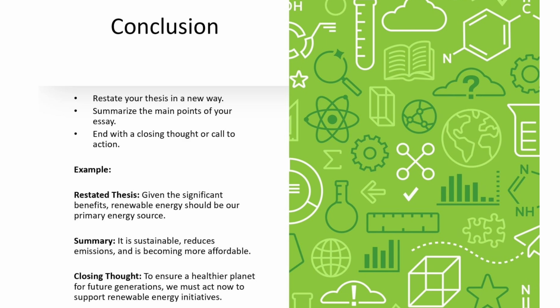According to the International Renewable Energy Agency, the cost of renewable energy is decreasing annually. By addressing counter-arguments, you not only strengthen your position but also demonstrate your understanding of the issue's complexity. This makes your essay more credible and persuasive.